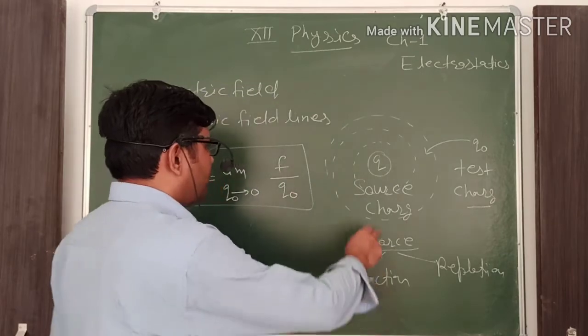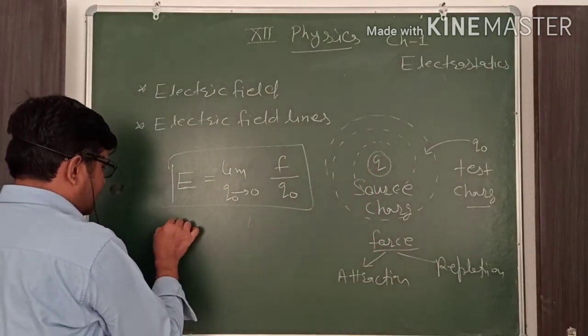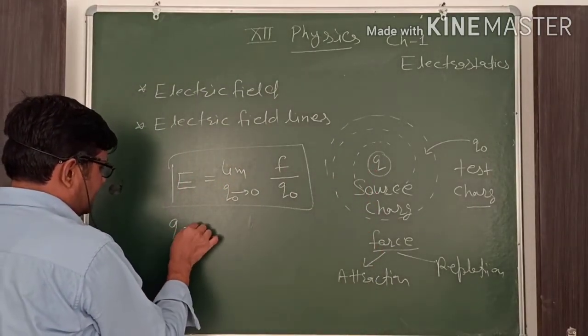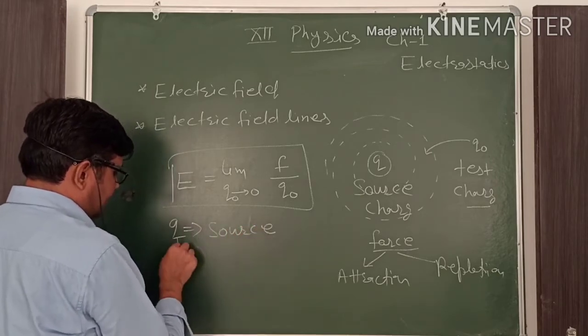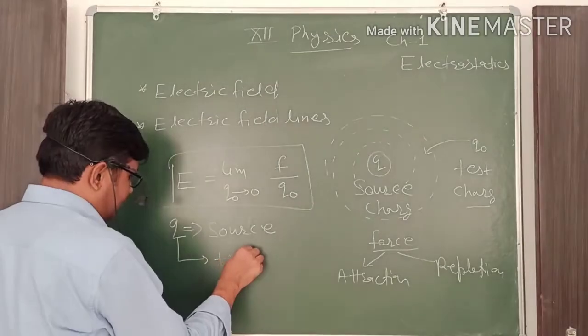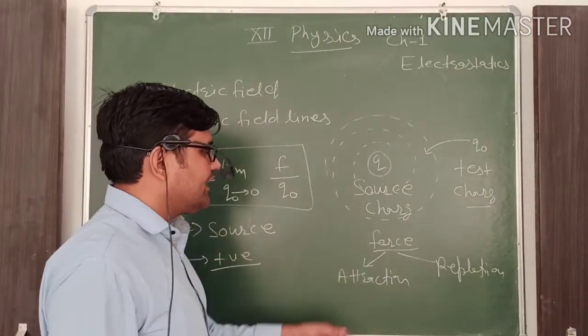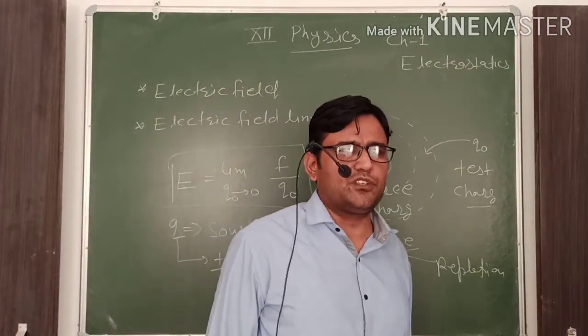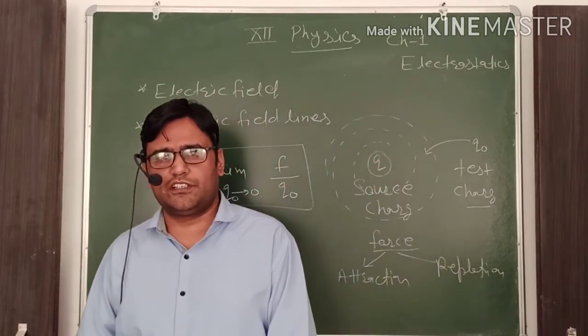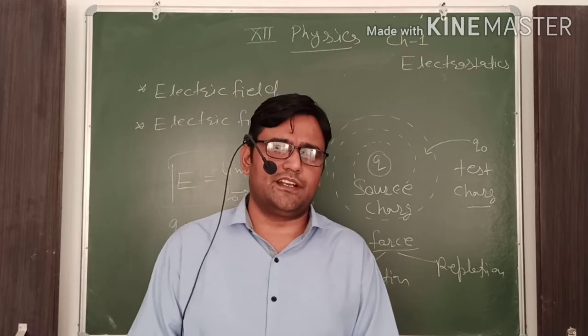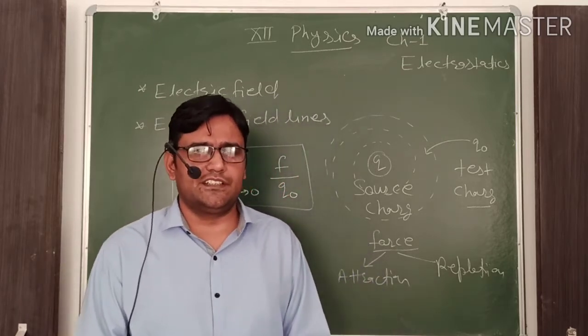Here there are a few important points. The source charge Q is always taken as a positive charge. What is the reason behind this?